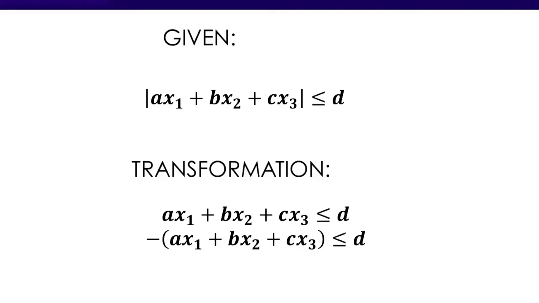But the next question is, how about if our absolute value functions are written in our constraints? For example, instead of having normal constraints, we are given the absolute value of a sub x1 plus b sub x2 plus c sub x3 is less than or equal to a certain value.